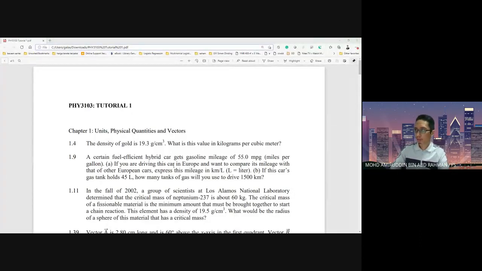Okay, so we are looking at the first question. It should be simple, all right? So basically, you need to change the unit from gram to kilogram and centimeter cube to meter cube. Okay, so who got the answer?